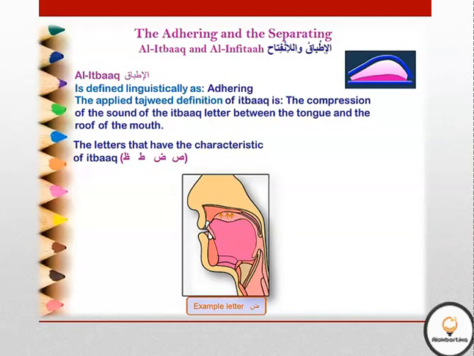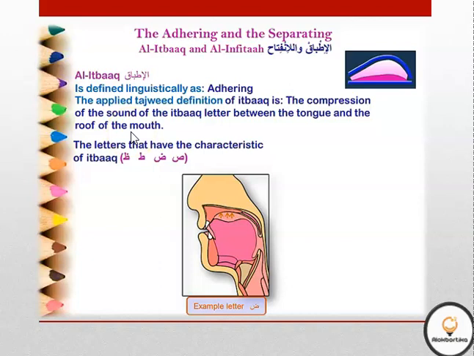Then itbaq and infitah, the adhering and the separating. So what is itbaq? The linguistic definition is adhering, and the applied definition is the compression of the sound of the itbaq letter between the tongue and the roof of the mouth.